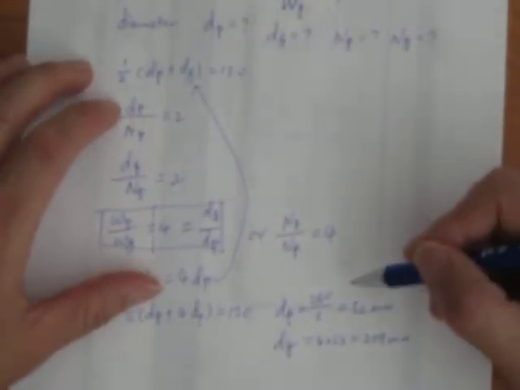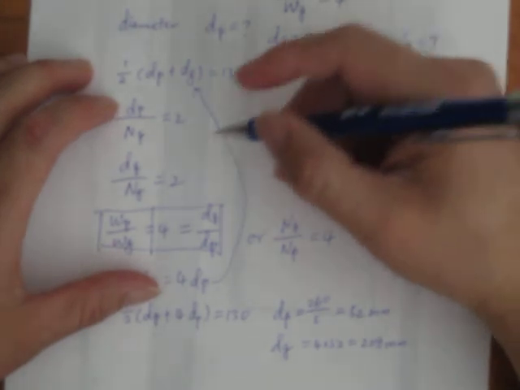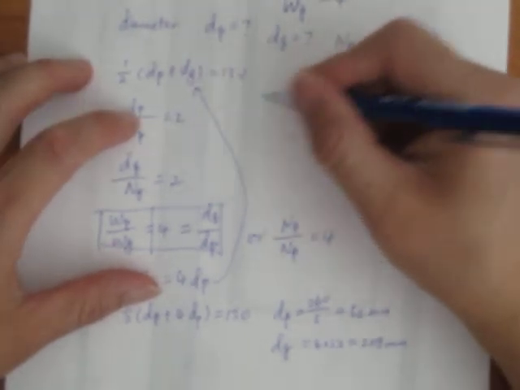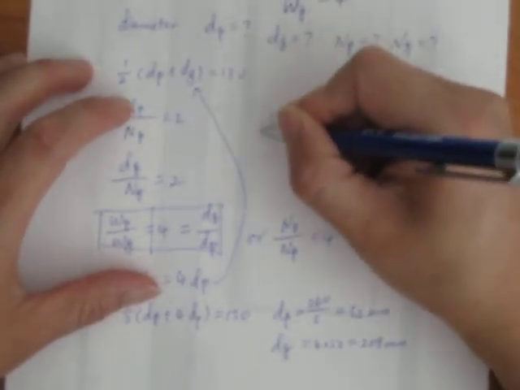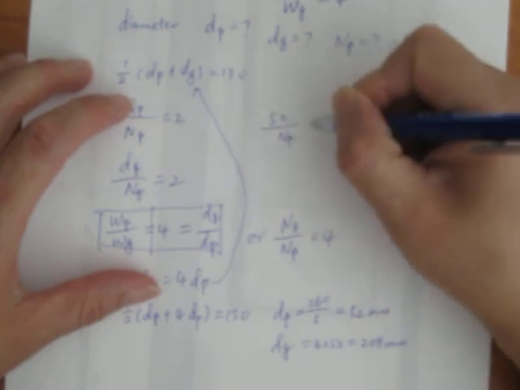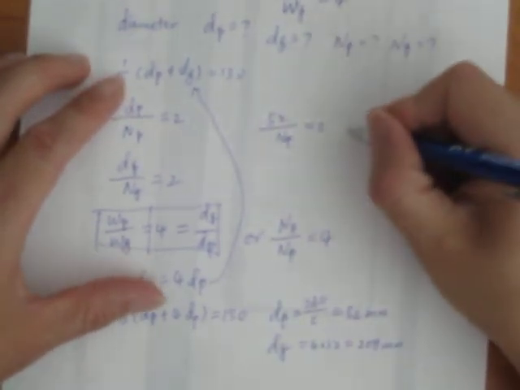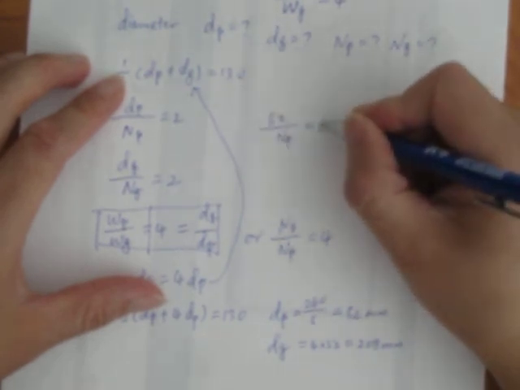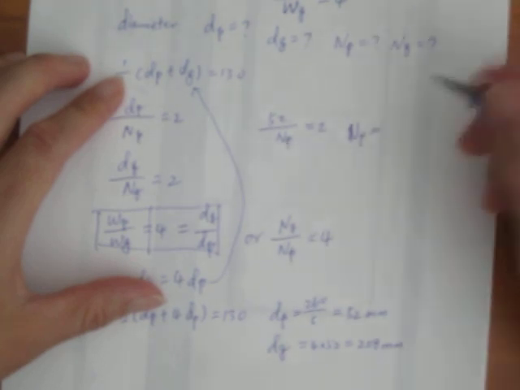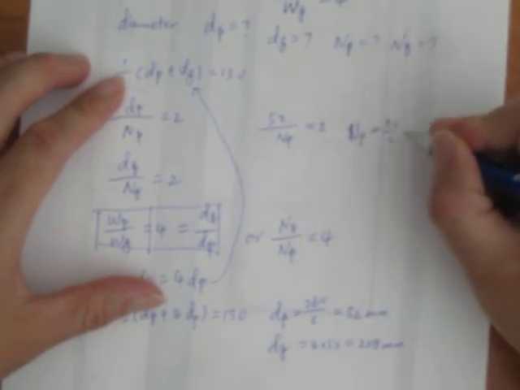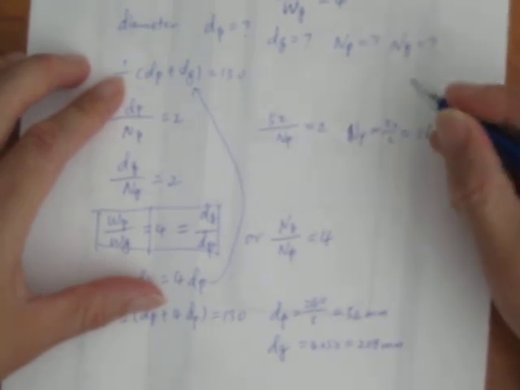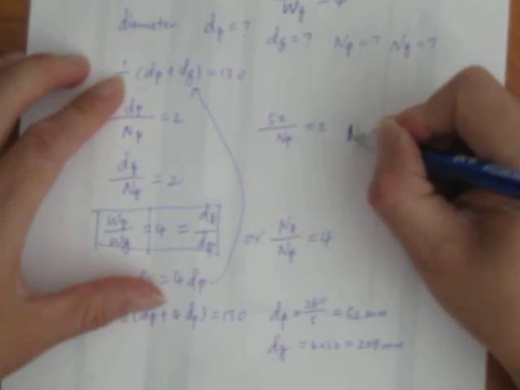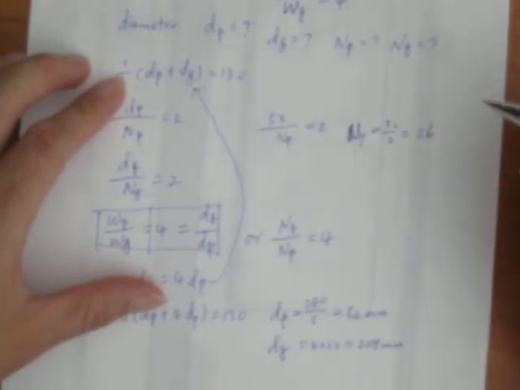Now if you plug in here, dP is 52, NP over this here and put 2 over here. It's 52 divided by 2, you have 26. Number of teeth on pinion is 26.